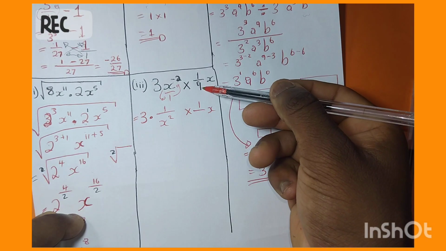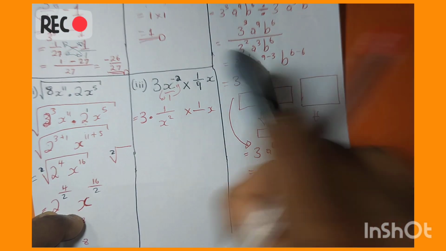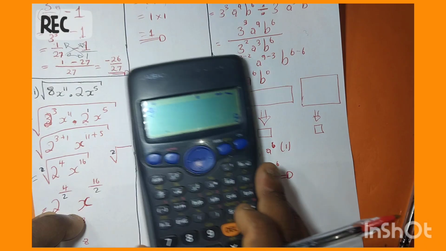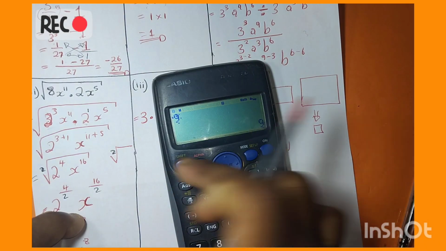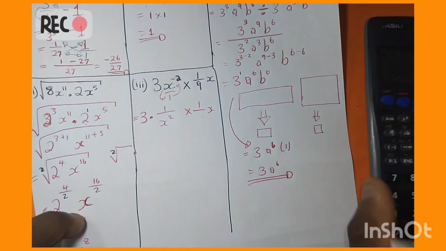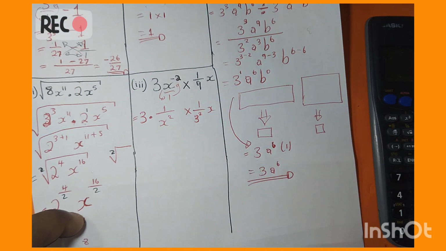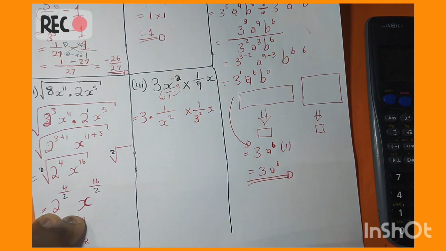When I see that number there, I will use my calculator to change it. 9, shift fact there. Do you see? Change that number into exponential form just like that. And now here I still got what?